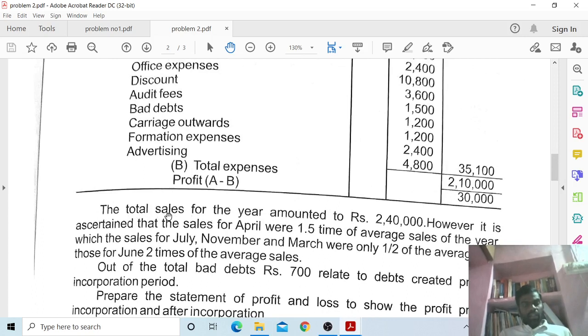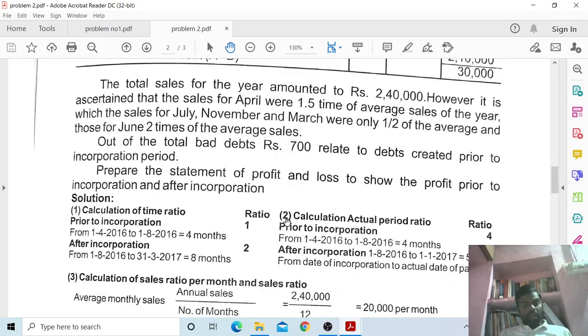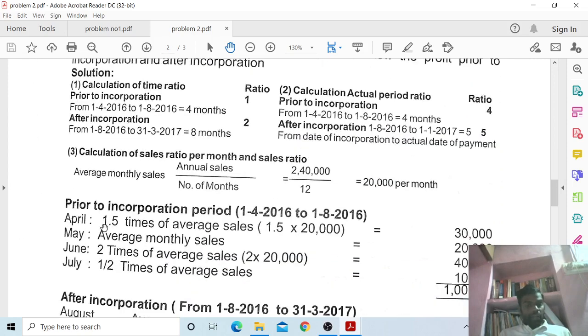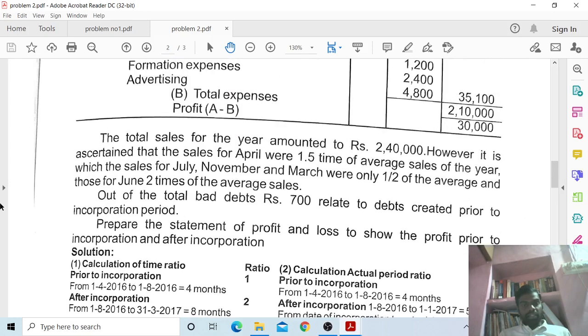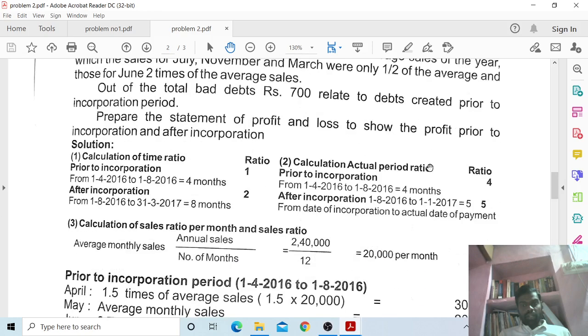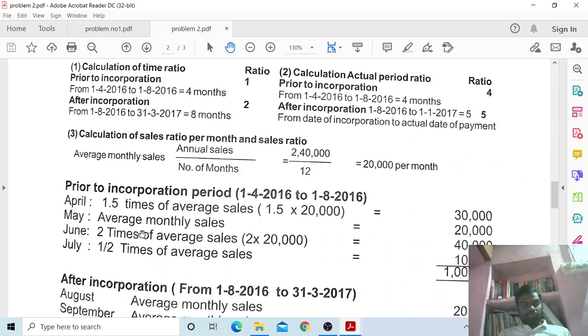The total sales for the year amounted to rupees 2,40,000. Next, April is 1.5 times the average sales, as given in the adjustment. So 1.5 into 20,000 is 30,000. For May there is no adjustment given, so take the average monthly sales directly, 20,000.